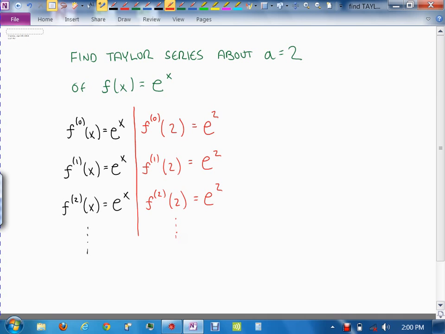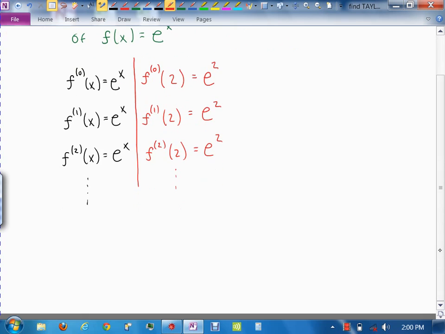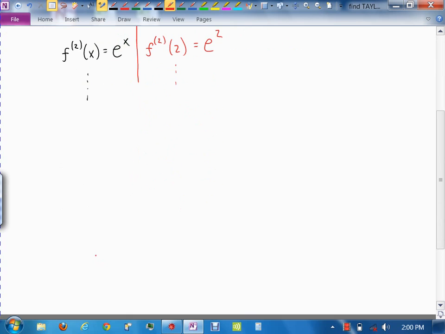All we're doing is taking the derivative, whatever it was, and we're evaluating it at 2. And for this particular problem, the derivative was well behaved. It just stayed itself the whole time. So now I'm ready to go with my Taylor series, right?